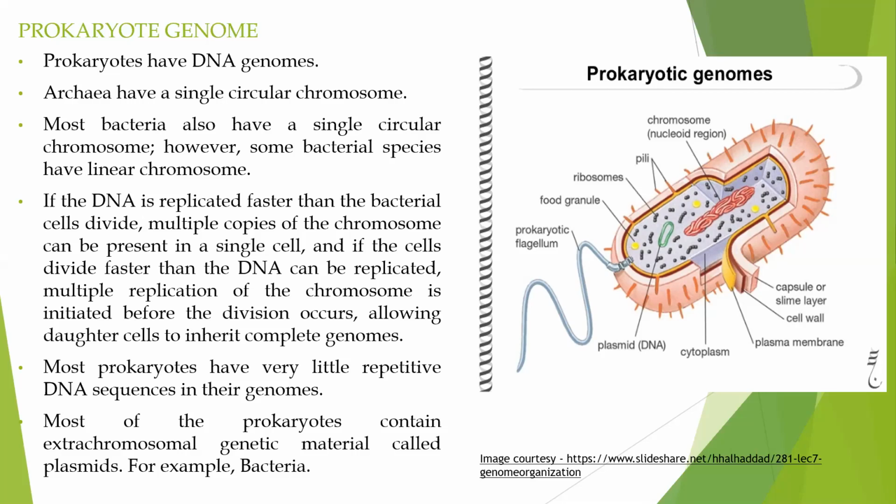And most prokaryotic cells have few repetitive DNA sequences in their genome. And as I mentioned before, apart from the chromosome, either circular or linear, these cells have extra chromosomal genetic material. In bacteria, these are called plasmids. These plasmids also carry certain genes which are expressed by the prokaryotic cell.